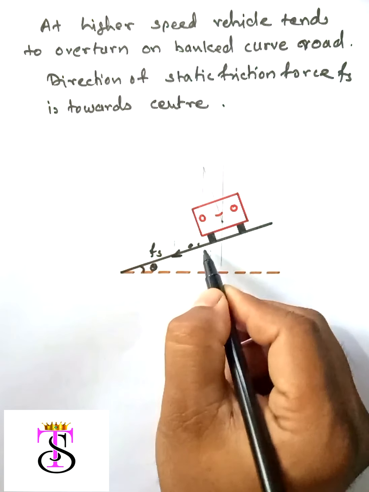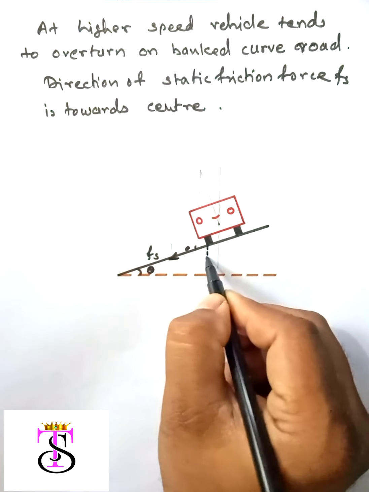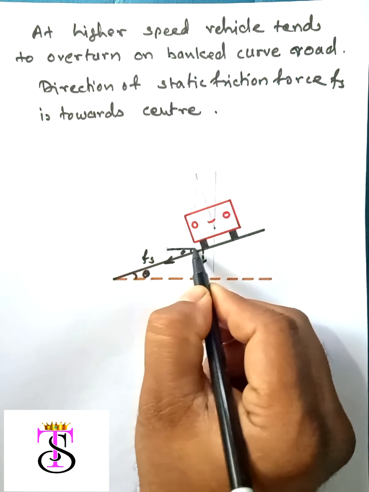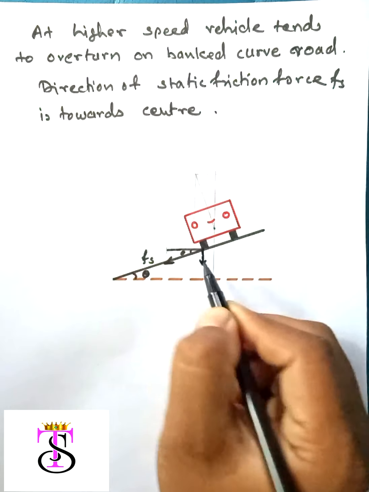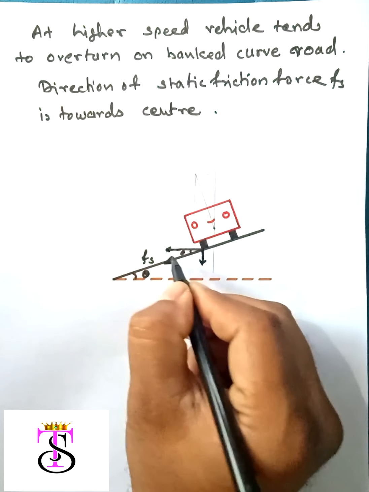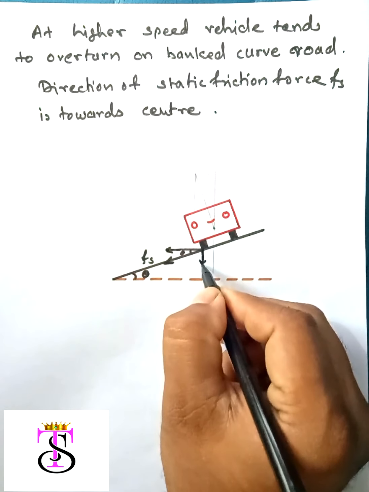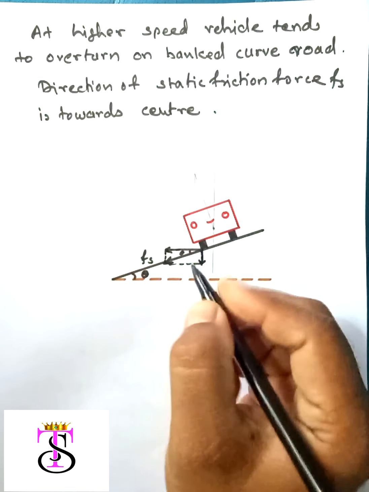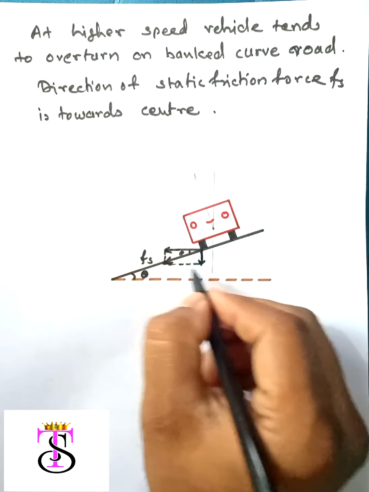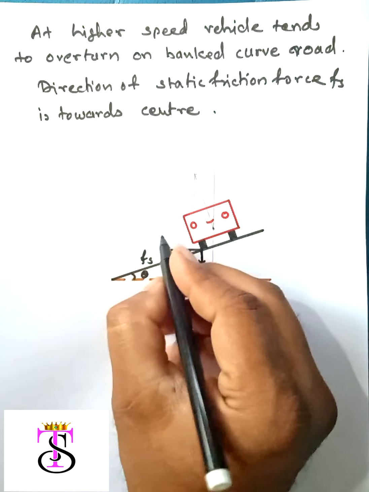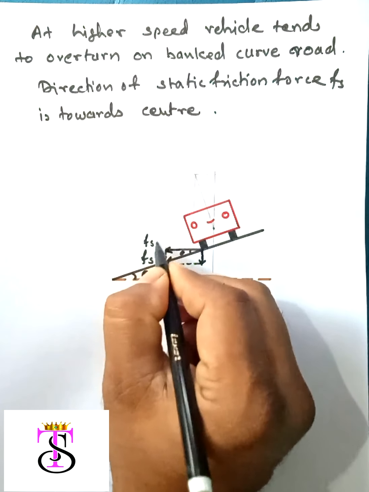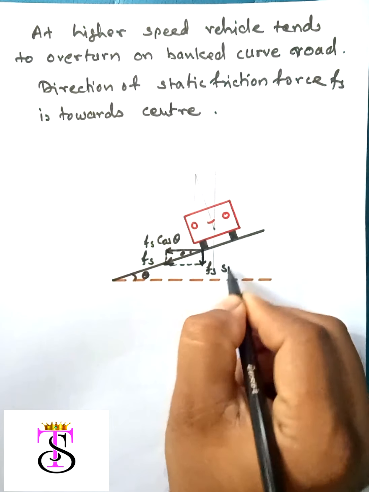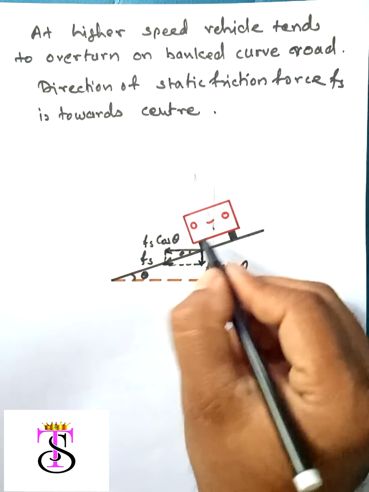So it will have two components, one horizontal and the other vertical. The horizontal component is Fs cos theta and the vertical component is Fs sin theta.